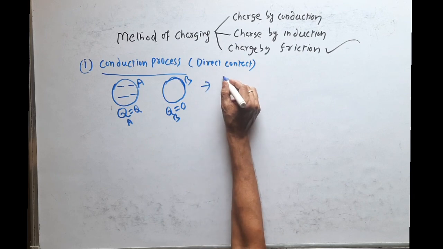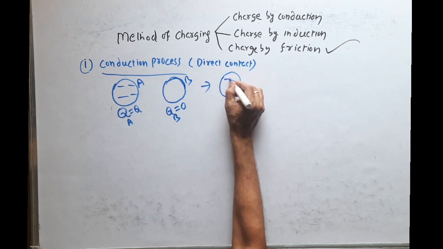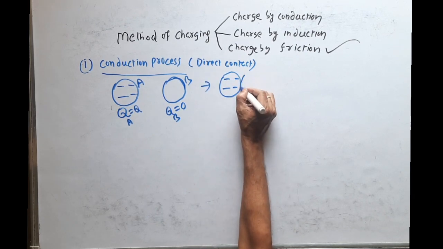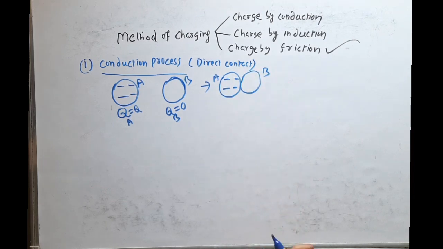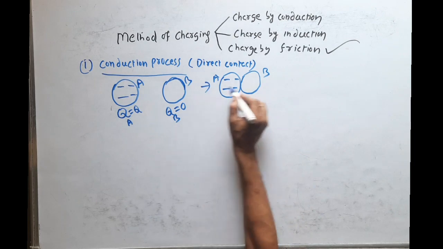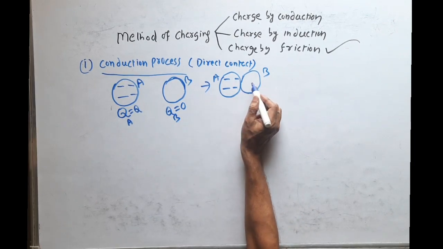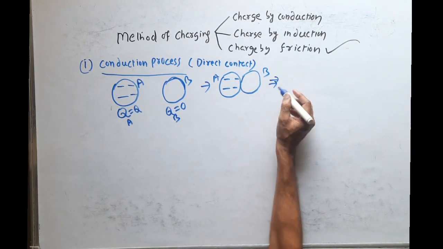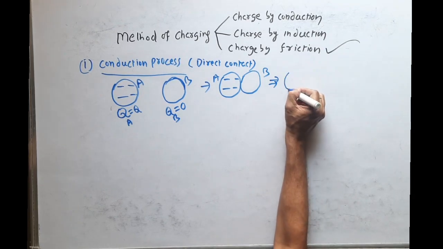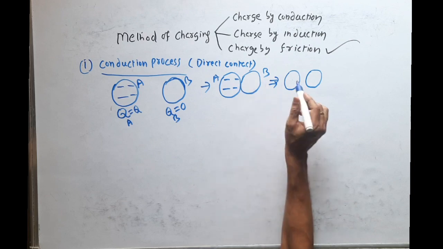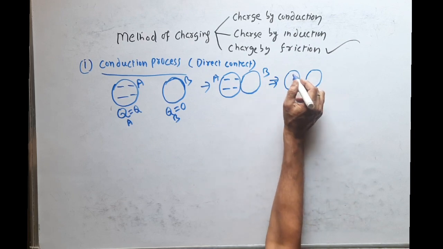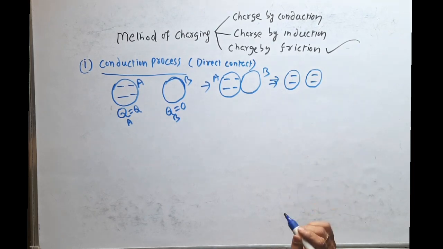Now I will directly contact body A with body B. What will happen? If you directly contact a charged body with an uncharged body, you will see the charge is divided equally between the two. So the charge of A and the charge of B will be the same.